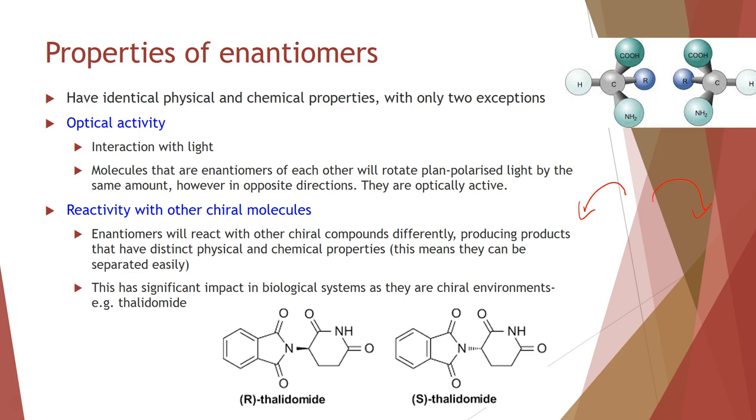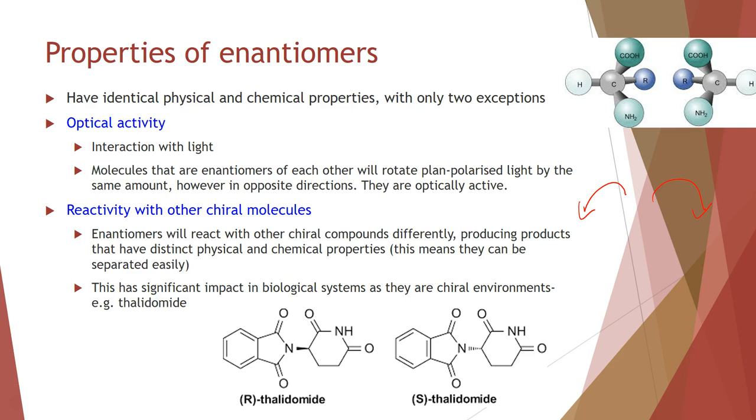This is particularly important in biological systems because they'll interact with receptors and enzymes in a different way. Because enzymes are 3-dimensionally specific, chiral molecules will interact with those environments in a very different way.